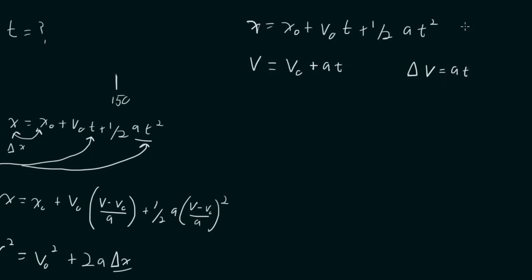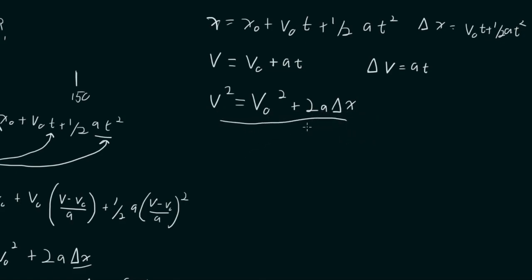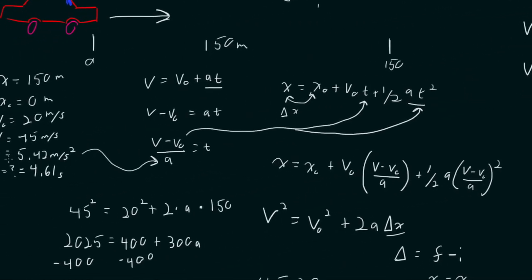This guy could be delta x equals... great. And then our new equation, v squared equals v naught squared plus 2a delta x. There we go. So let's start practicing this. This should be pretty straightforward. You're going to use it anytime you have an equation that's missing both a and t. So let's give that a shot.